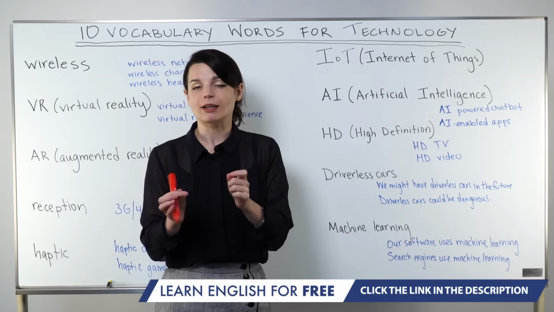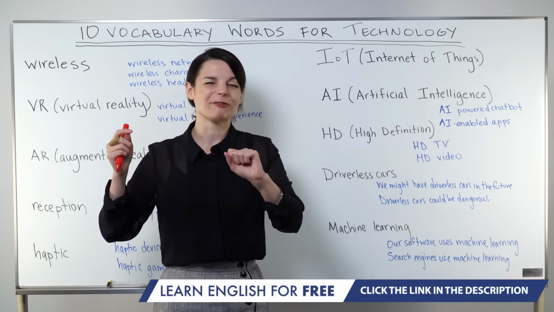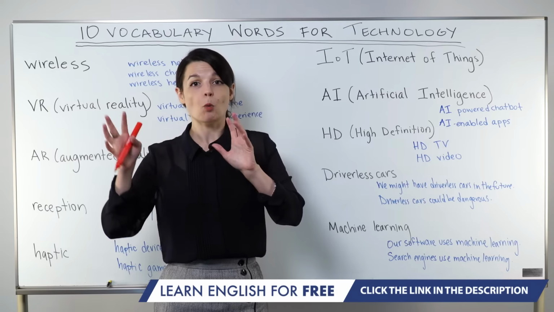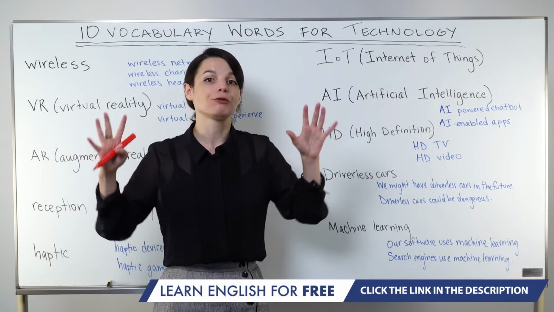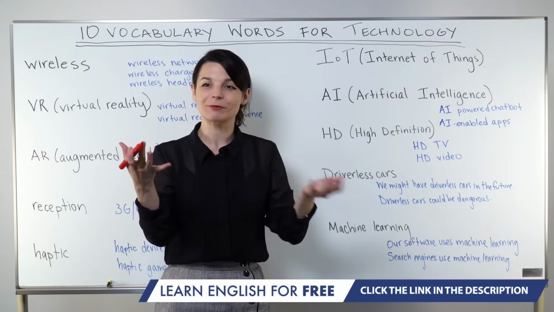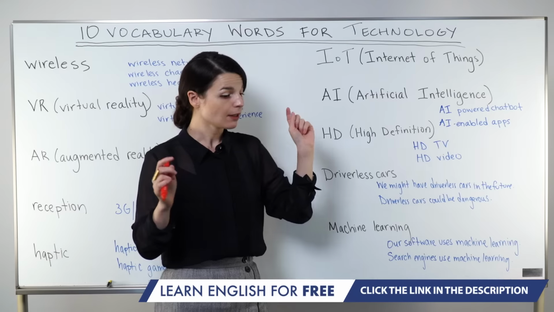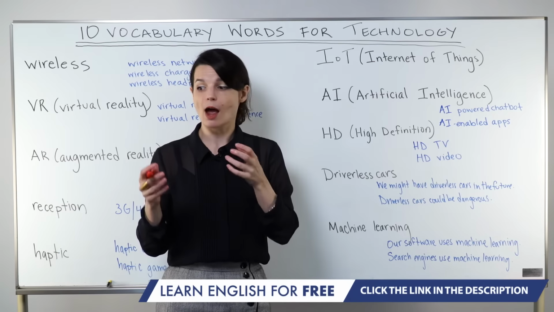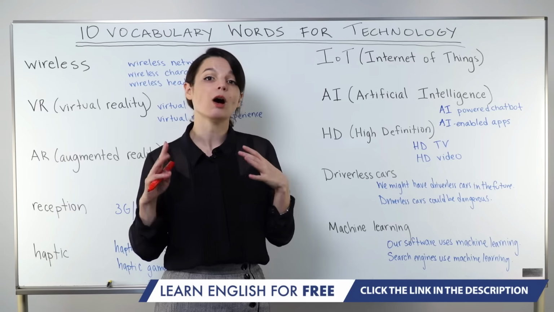So Internet of Things, at least at the time of recording this video, is kind of a conceptual idea where many objects are connected through an internet. So right now, of course, we have many objects which are not connected through an internet, but with the Internet of Things there's this idea that one day, perhaps, our important devices or our important things could all be connected.